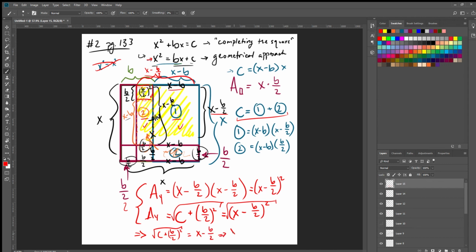Well, if we solve for x, we're going to get x equals b over 2 plus the square root of c plus b over 2 squared, which is what we want. So there we have it.